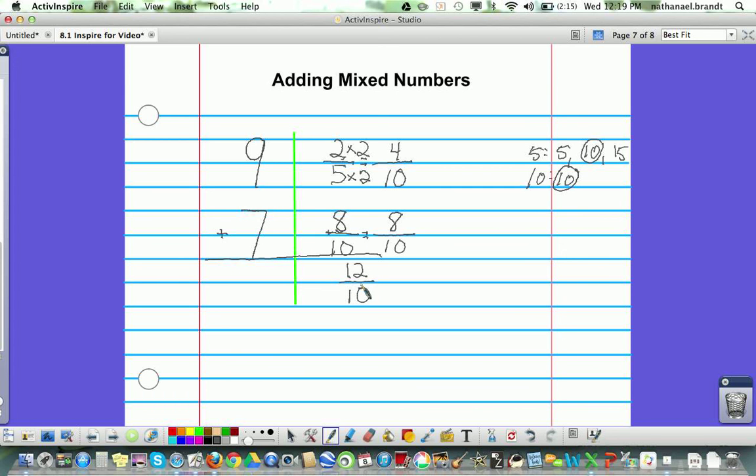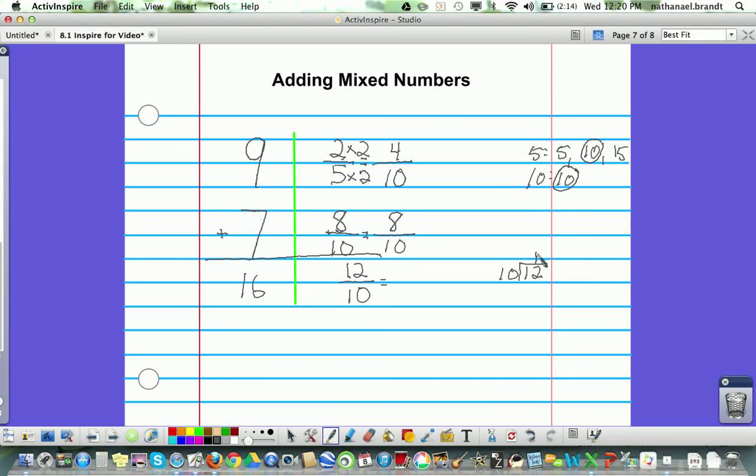So I've got my fractions done. Now I'm going to come over here to my whole numbers. 9 plus 7 is 16. When I was adding my fractions, I noticed that this was an improper fraction. I'm going to go ahead and turn that into a mixed number by doing my division. So 12 divided by 10.